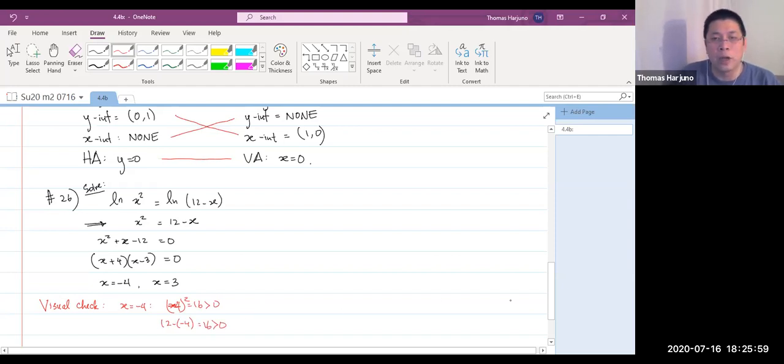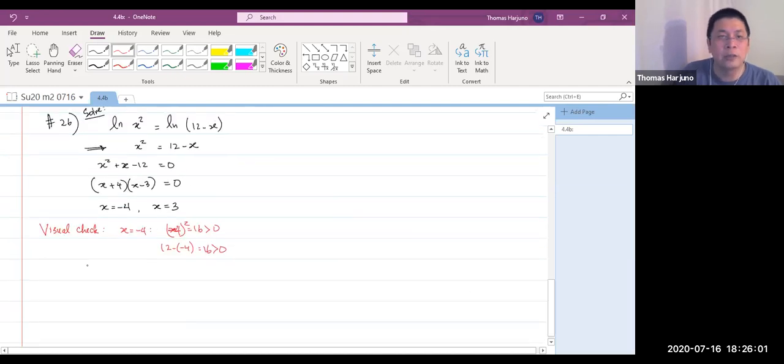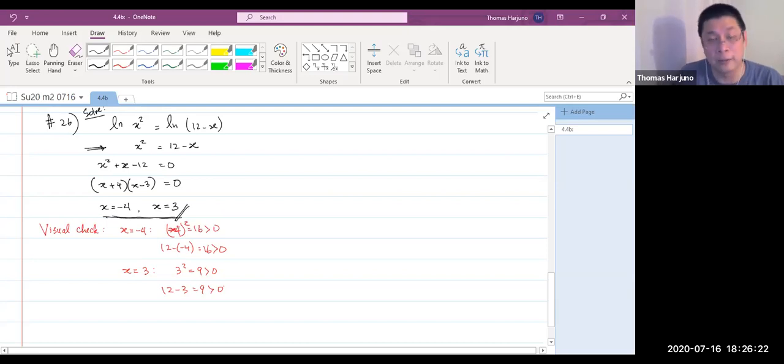So x equals negative 4 is okay. How about when x equals 3? 3 squared of course is positive, and 12 minus 3 is also positive. So both solutions are okay. If you find any solution that makes the argument negative, then you need to cancel it.